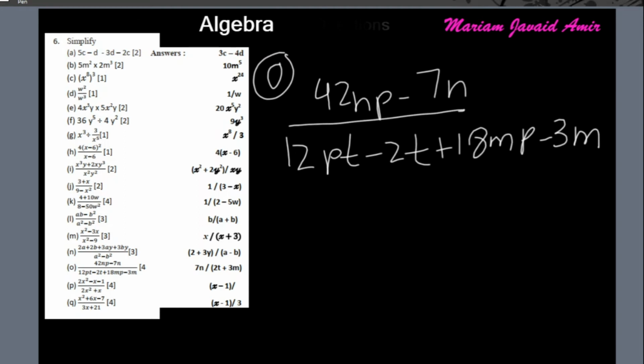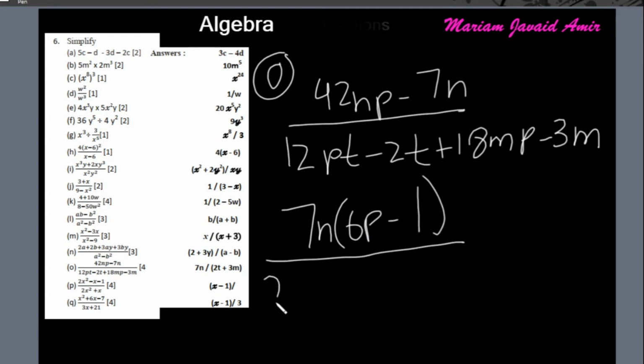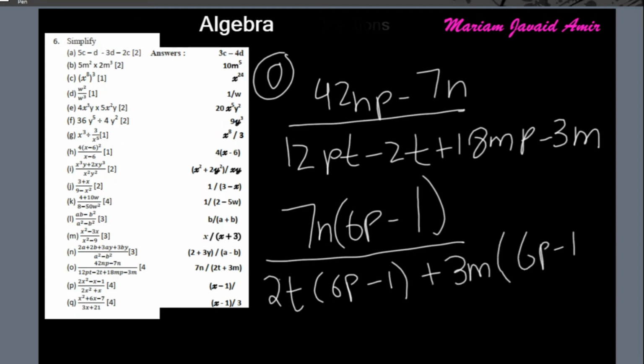Alright, 7 and n is common in the numerator, so we're left with 6p minus 1. In the denominator, in the first two, 2 is common as well as t is common. So we're left with 6p minus 1, and then 3 and m is common, so plus 3m. So we're left with 6p minus 1.